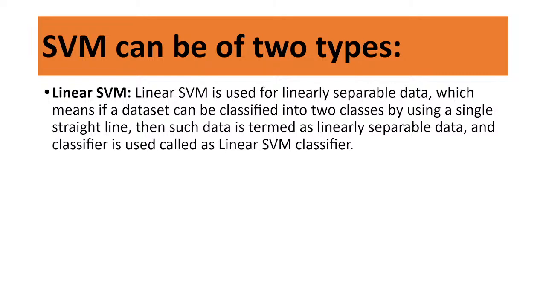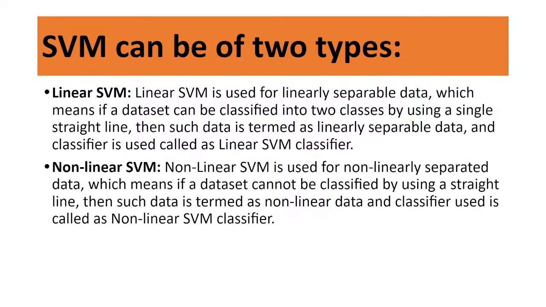So linear support vector machine is mainly used when you can classify into two classes by using a single straight line. And non-linear means that if the dataset cannot be classified by using a straight line, then the data is non-linear. Okay, which I cannot classify using a straight line.